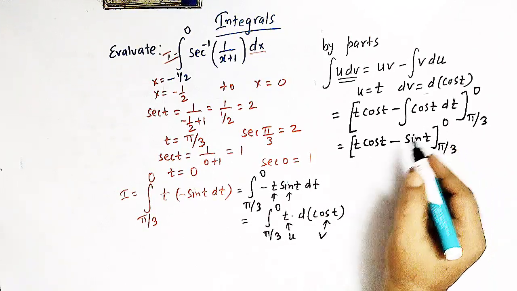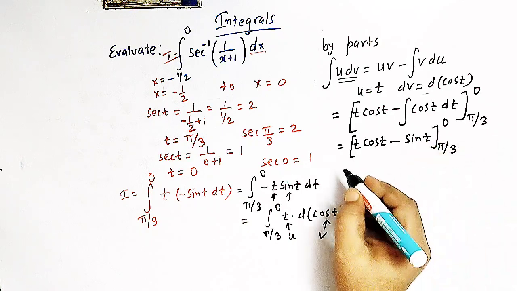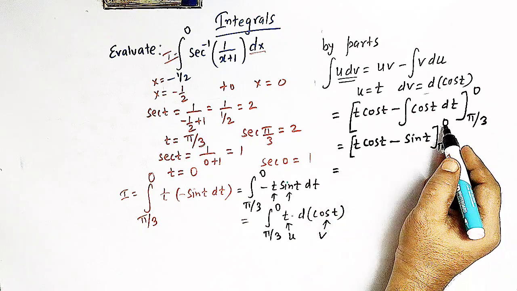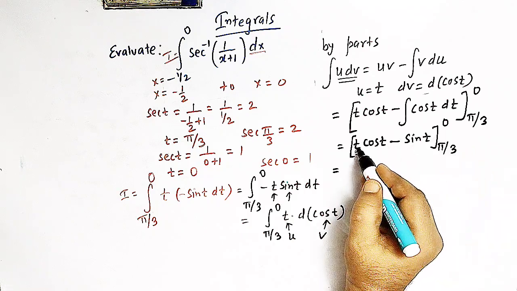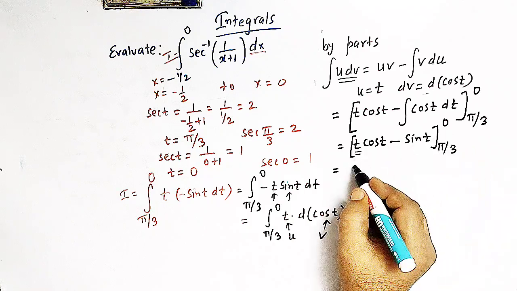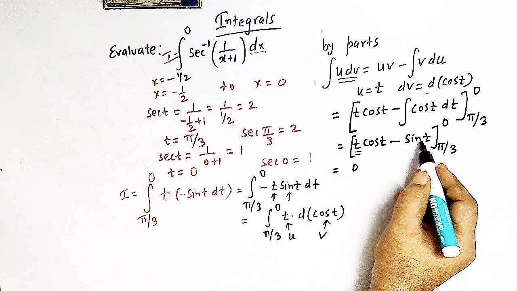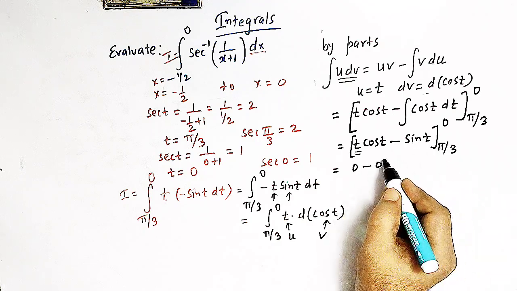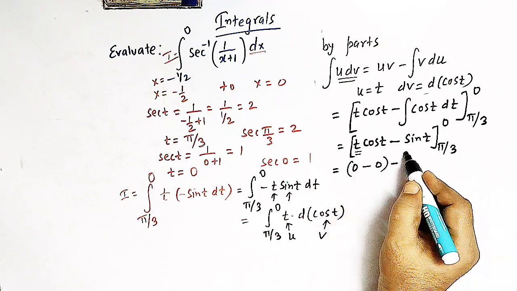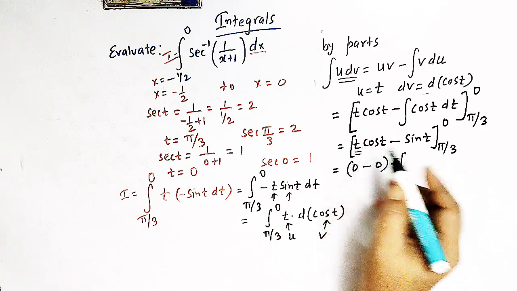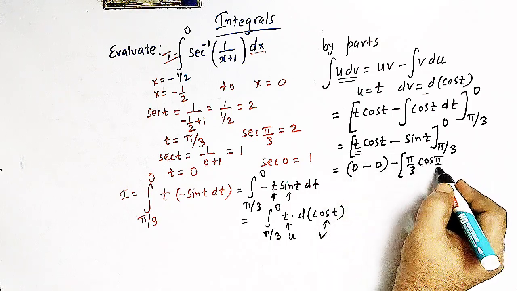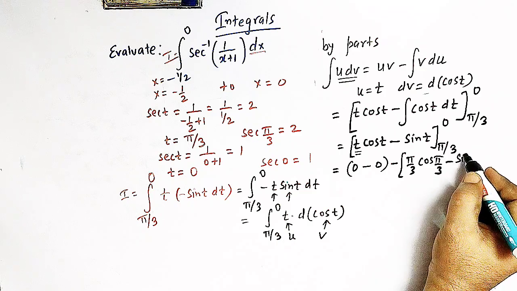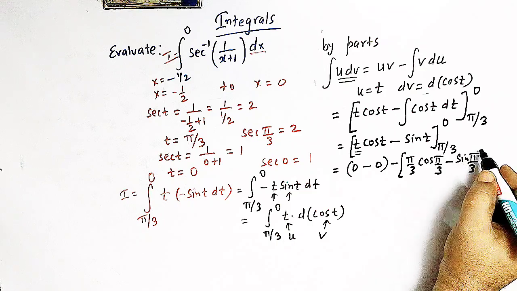Now let us substitute the limits and take the difference. First we'll take t is equal to 0. Here when we take t is equal to 0, this quantity is 0, and sine of 0 is also 0. And then we take pi by 3. So here we have pi by 3 cos pi by 3 minus sine of pi by 3.